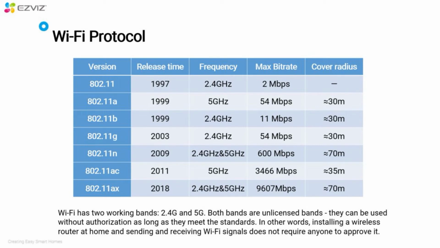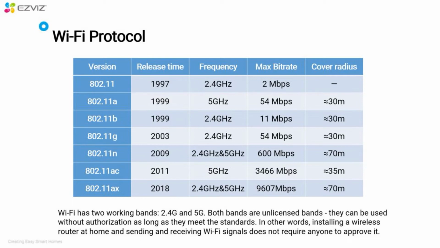And let's have a look at the Wi-Fi protocol. From the original 802.11 version, it derived different versions, including 802.11a and 802.11b, or the G version, N version, AC version, and AX version, till now.